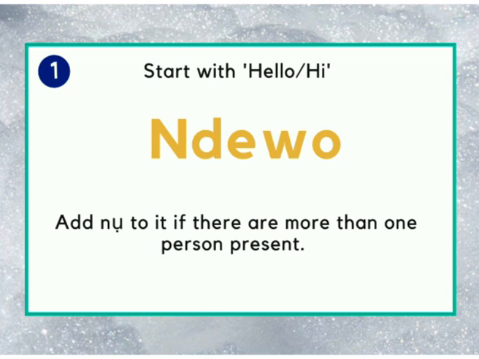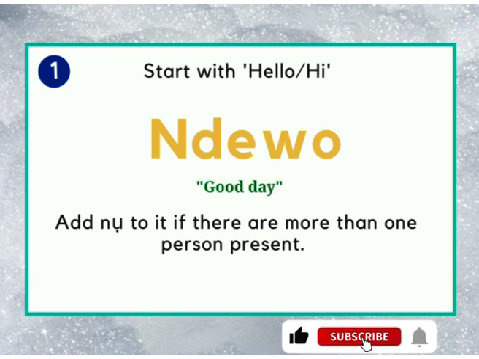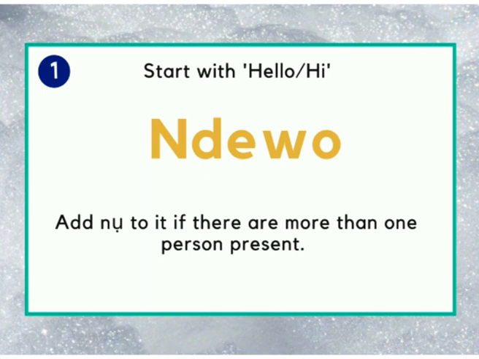Ndewo is hello, ndewo is hi, but also ndewo is good afternoon. Greetings for afternoon, greeting for evening. Native ways the Igbo people would say good afternoon, good evening, before we had other greetings come up like ehihioma and the rest we are going to see in the next slide.